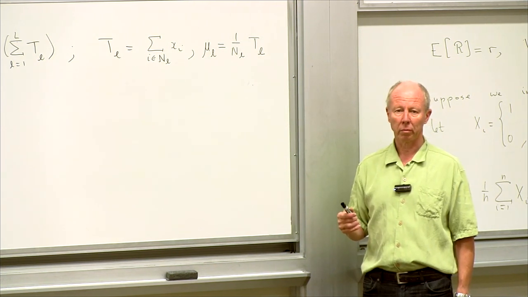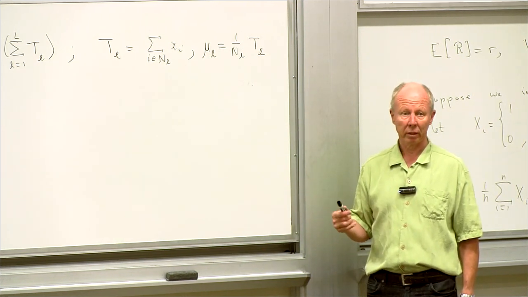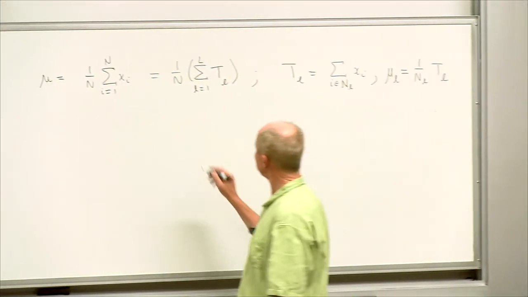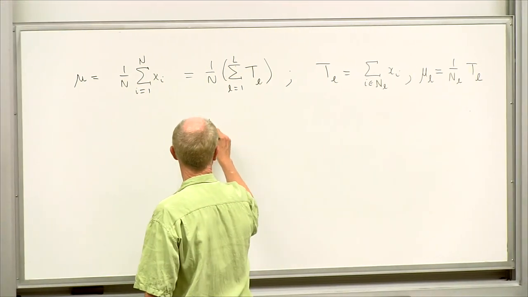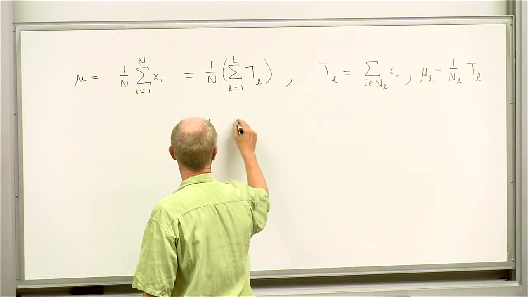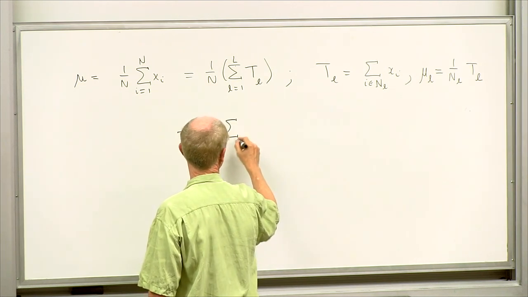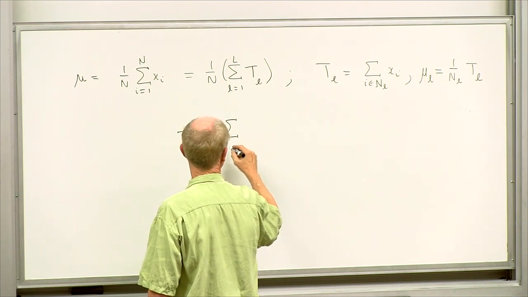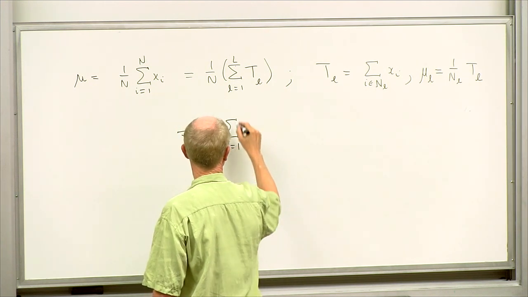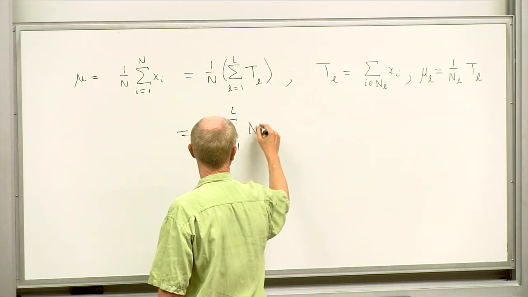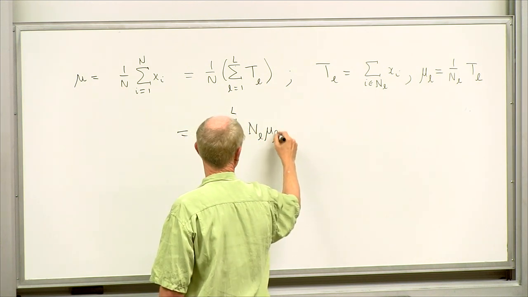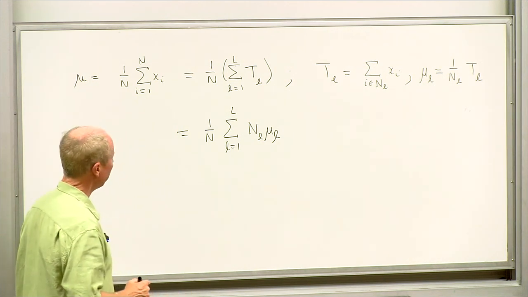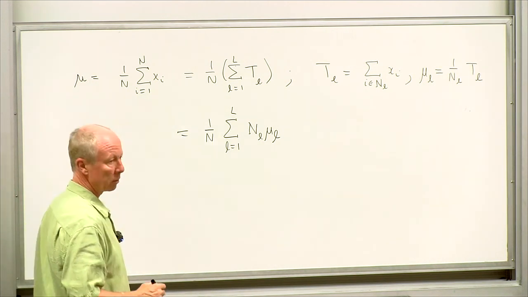You divide by the total, by the number of members. Since TL is NL mu L, I could replace TL by that.